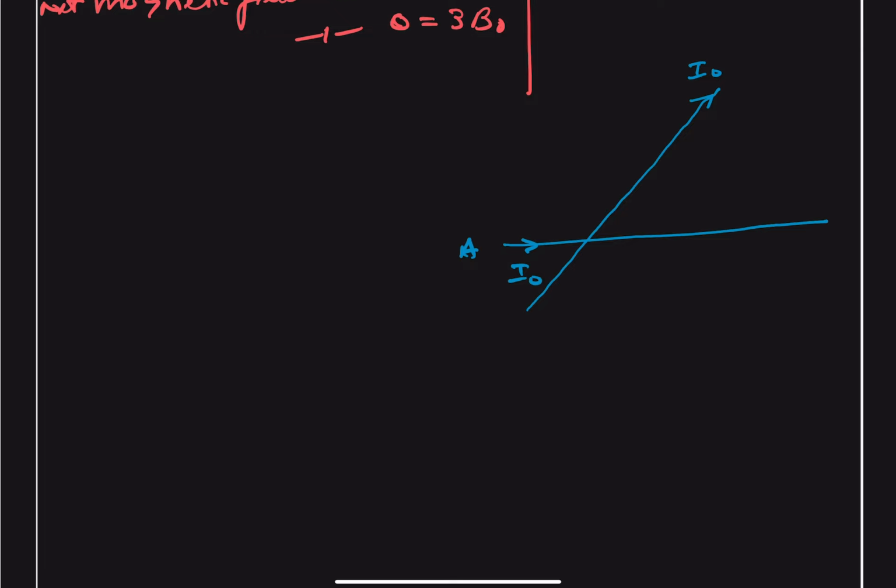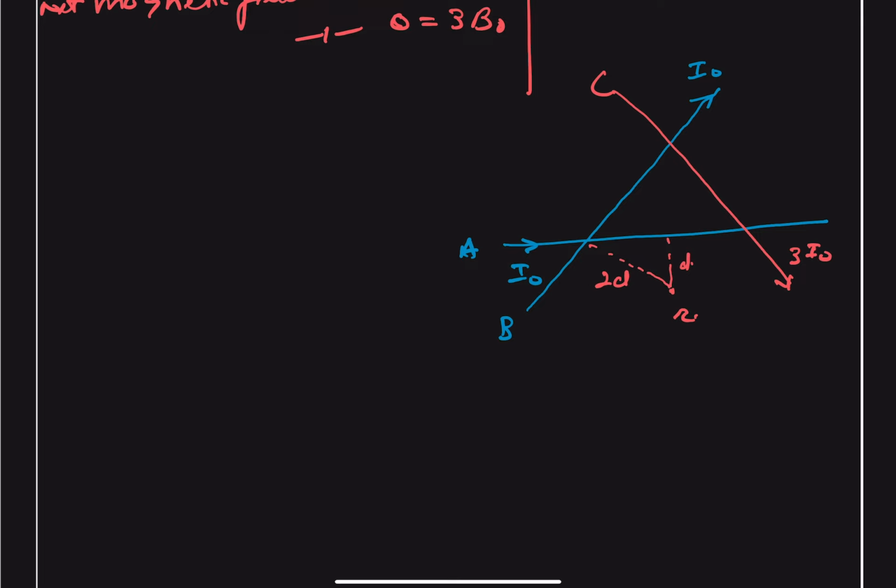And for C, the direction will be in the downward direction, and the current value is I naught. So this is rod C, and we have to find the magnetic field at point R, which is somewhere here. This distance from rod A is D, and the distance from rod B is 2D, as well as the distance from rod C is also 2D.